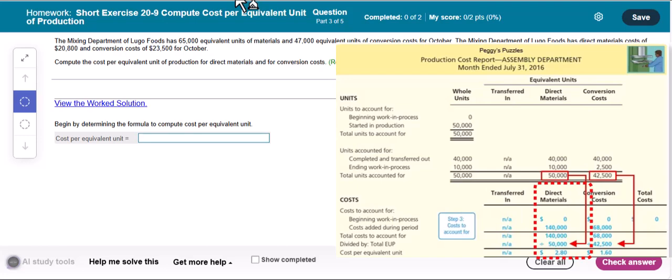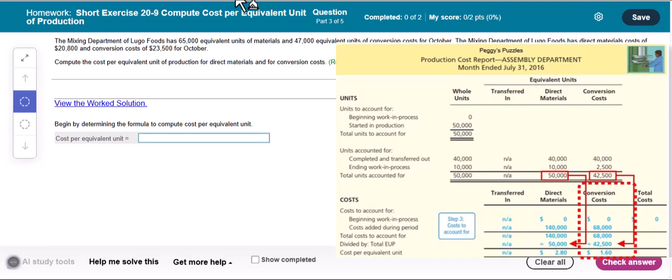In other words, it's a picture, the cardboard and the glue. Then we do the same thing for the conversion costs. We take the total conversion cost to account for, 68,000, which includes the 0 in beginning work in process and the 68,000 of conversion costs added during the period. We take the 68,000 divided by the equivalent units of 42,500 for conversion costs, and we get $1.60.